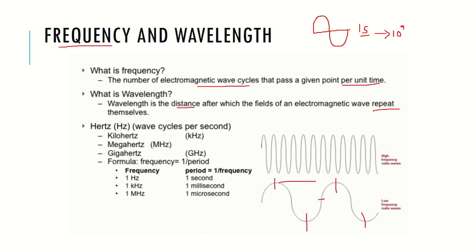So this distance is what we term the wavelength of my particular wave. Frequency means the number of cycles in a duration of 1 second, or per unit time, and wavelength is the distance between two maximas or two minimas, or the distance after which every wave repeats.